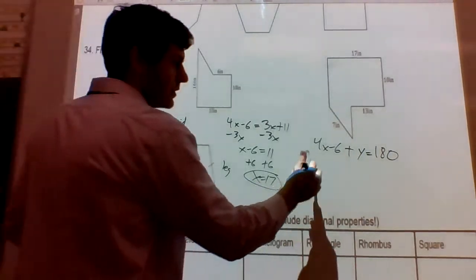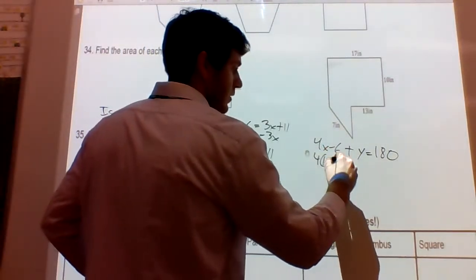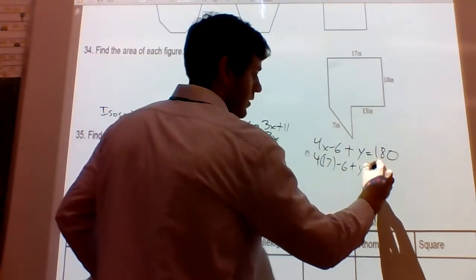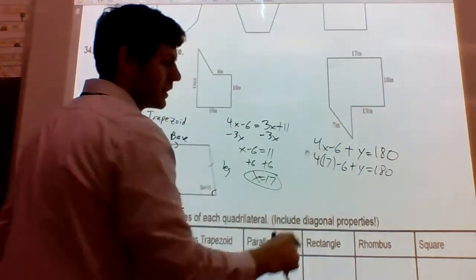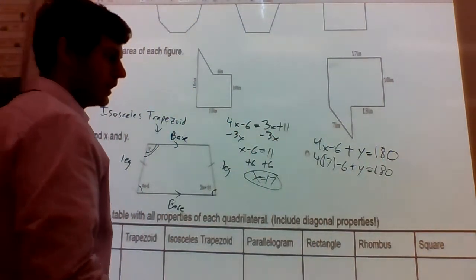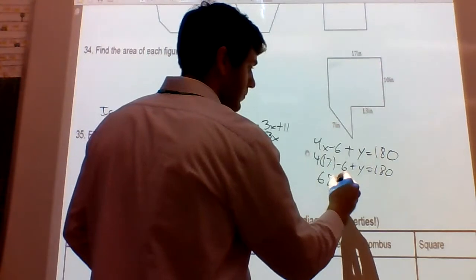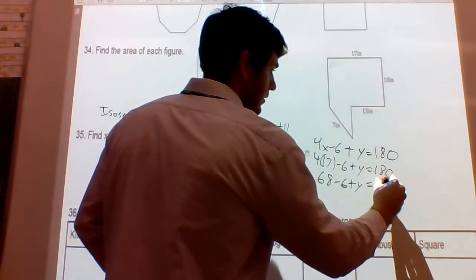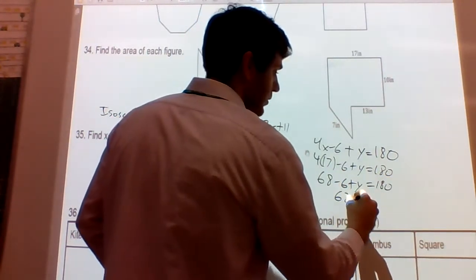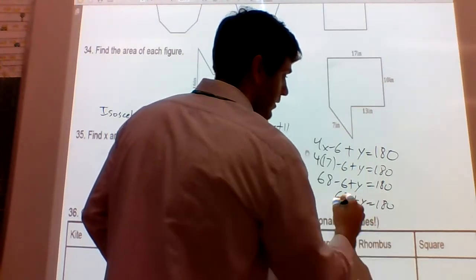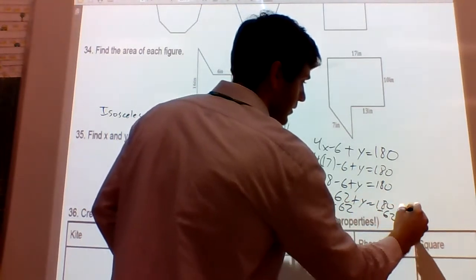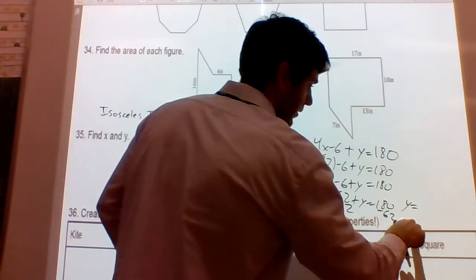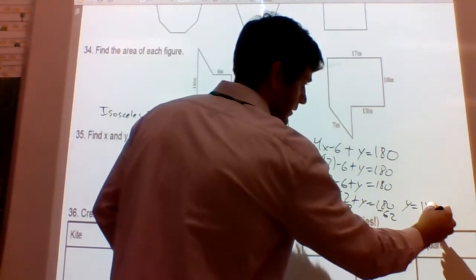We know x is 17. 4 times 17 was 68, minus 6 plus y. So we have 62 plus y equals 180. Subtract 62. y is going to be 118.